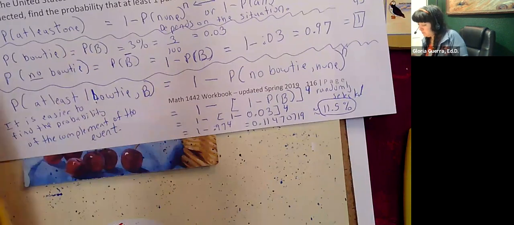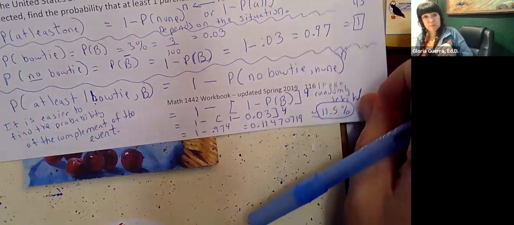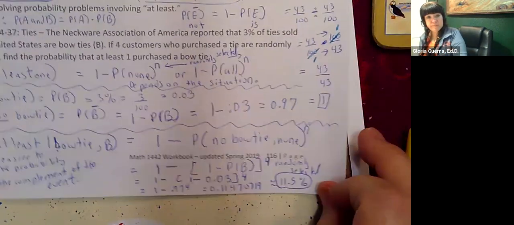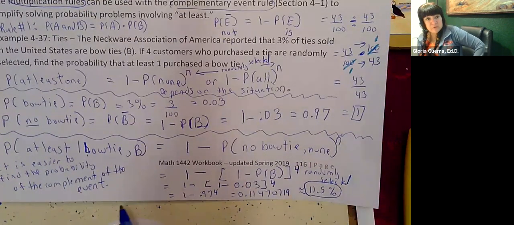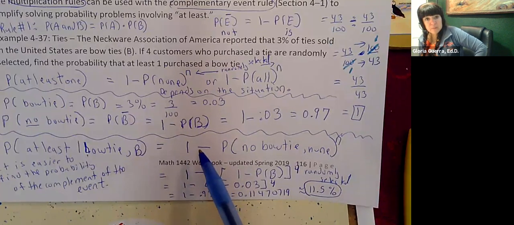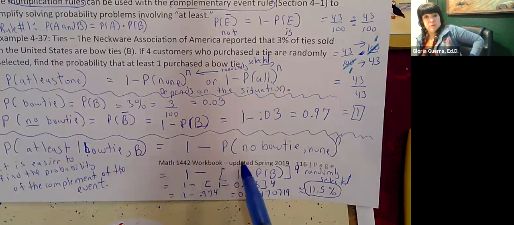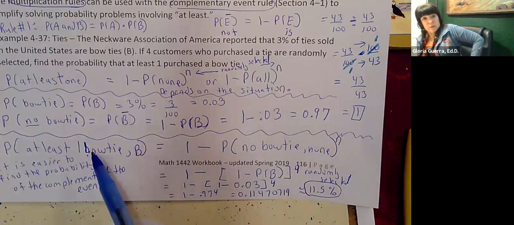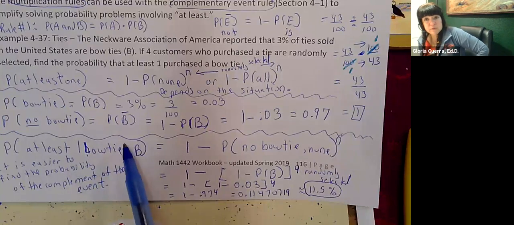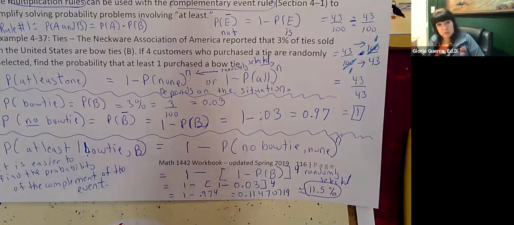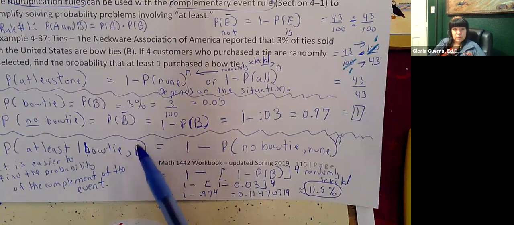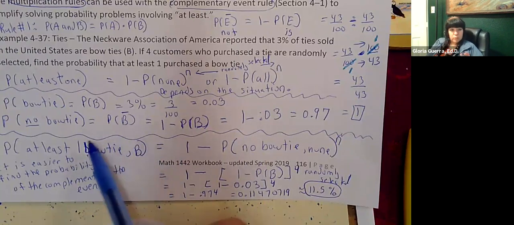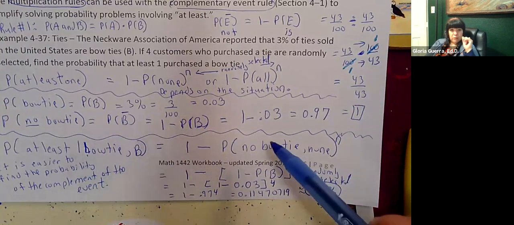Okay, so let's go back and look at what we did here. They say it's easier to find the probability of the complement of the event. So complement involves the idea of 1 minus, right? Complement of the event. So here it says one has one bow tie. So the complement would be you have none of them here.